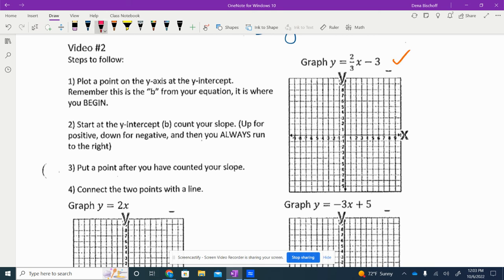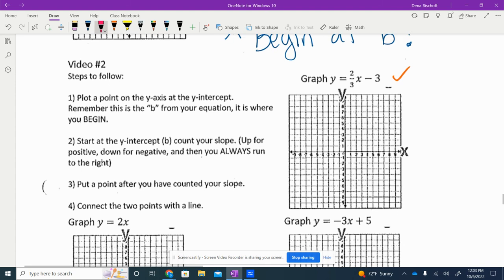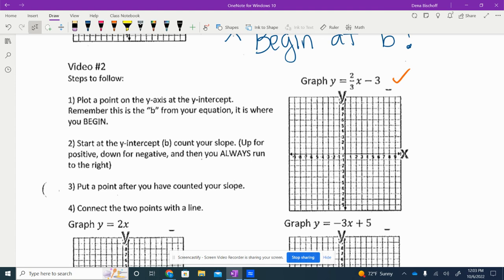Where do I want to begin? Danae, where do I want to begin? On this equation right here. Awesome. I'm going to begin at -3 on the y-axis. It has a slope of 2/3. That means to do what, Eli?